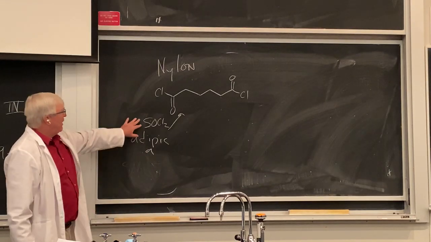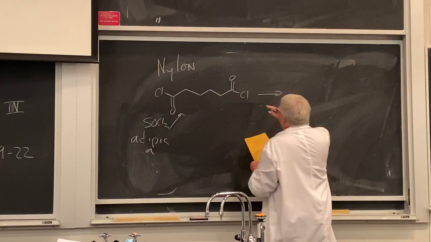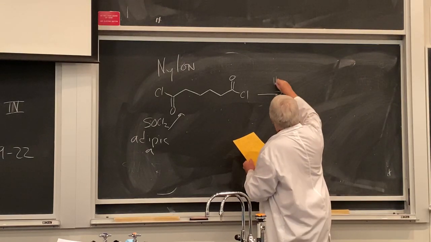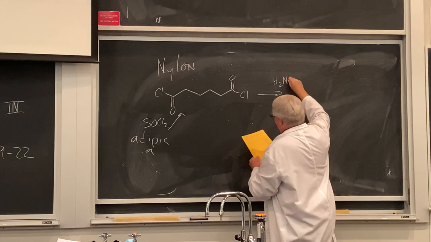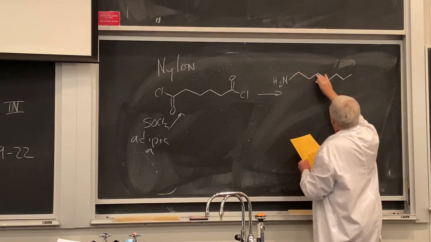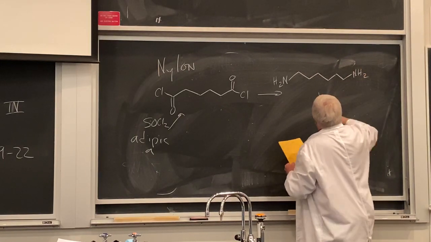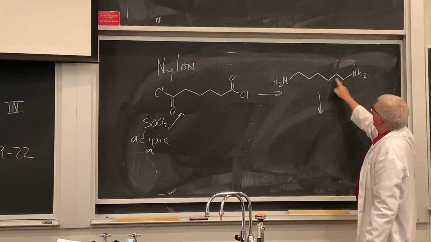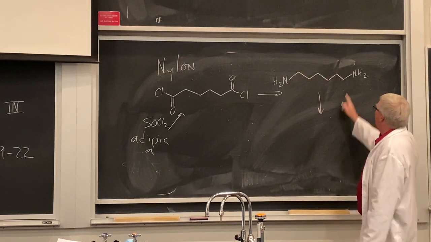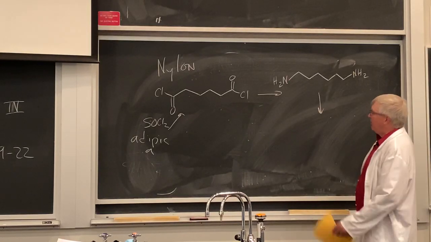So you can take adipic acid, treat with thionyl chloride, make the dicarboxylic acid chloride, and then you react that with hexamethylene diamine. 1, 2, 3, 4, 5, 6 diamine. Okay, and there are ways to make that from the dihalide and react with ammonia, or react with azide and then reduce the azide to the amines here.